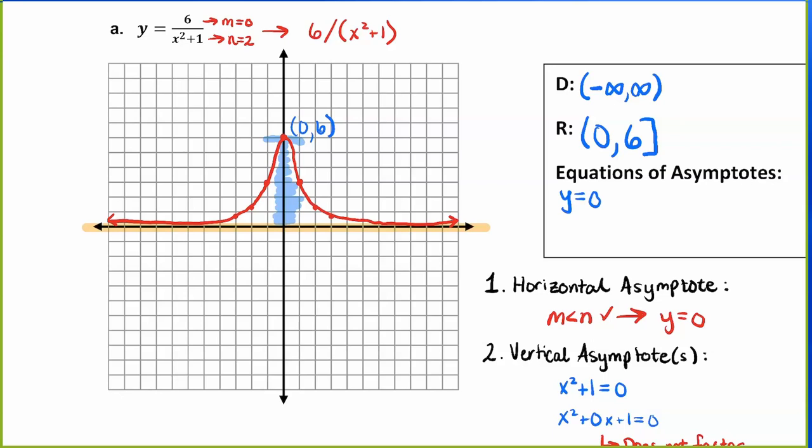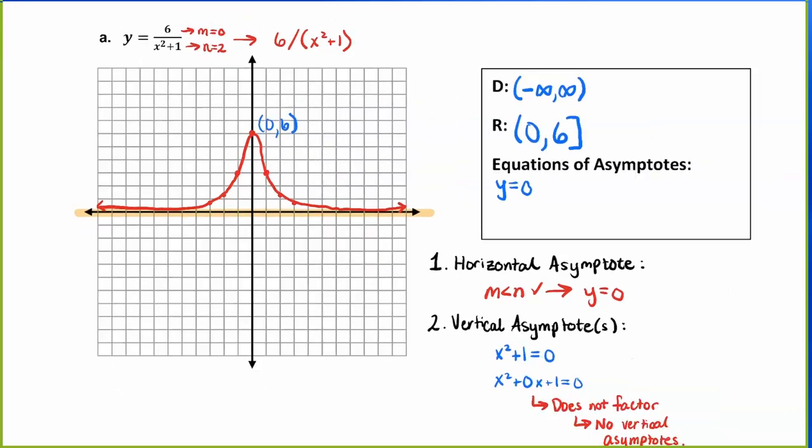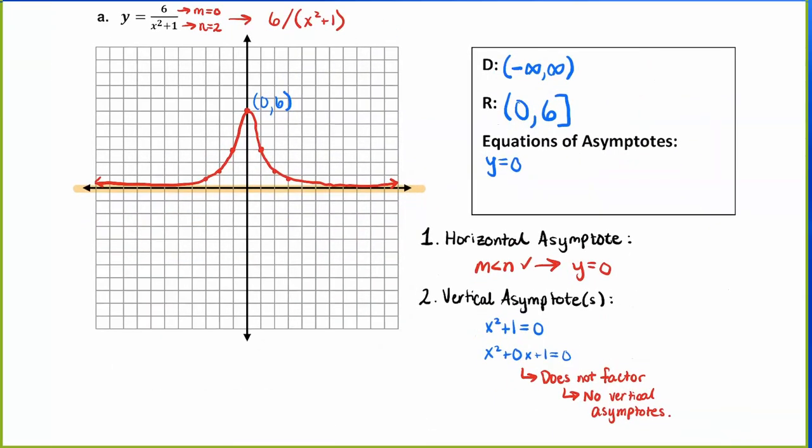The only time you don't have a bracket on the numbers is if it's an asymptote or if it's an infinity sign. If it is included, it needs to have a bracket. So our domain was negative infinity to infinity. Our range is from 0 up to 6, including 6.